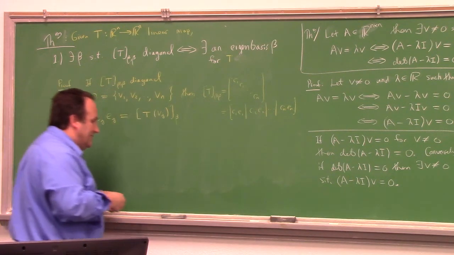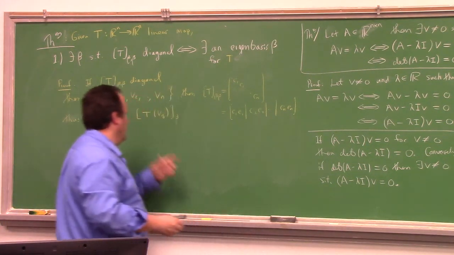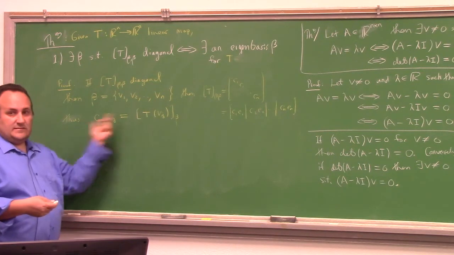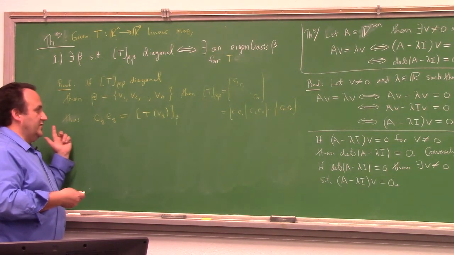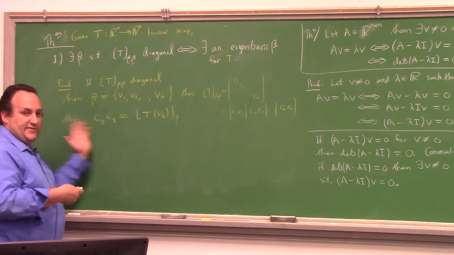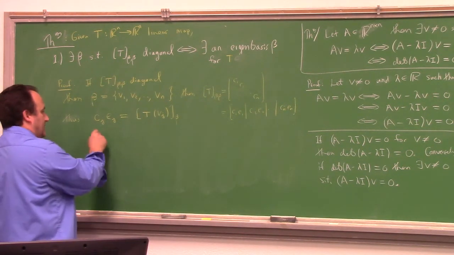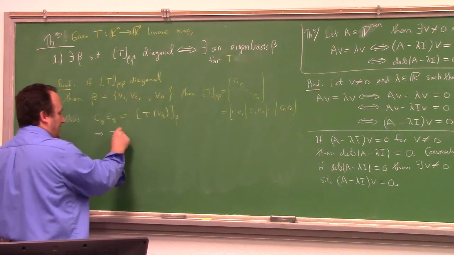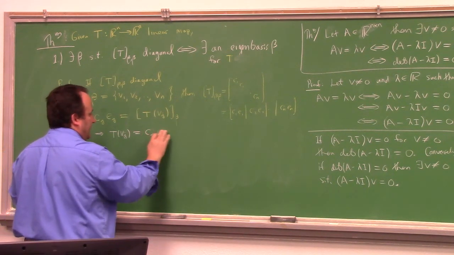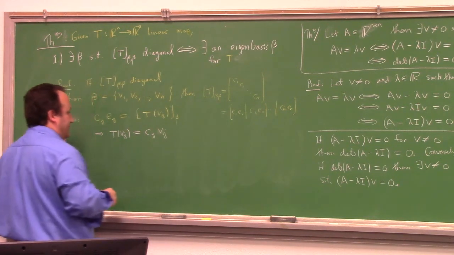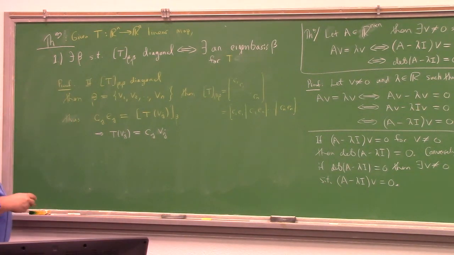But what does that mean? What if we take the inverse coordinate mapping on both sides of this? This means that T of vj is equal to cj vj. What does that make vj?